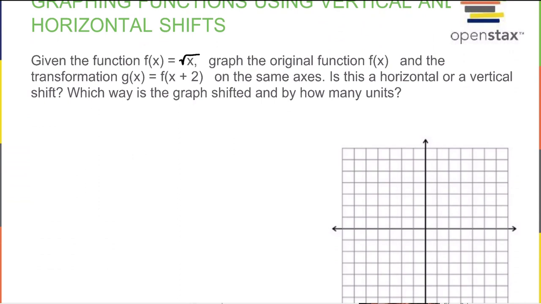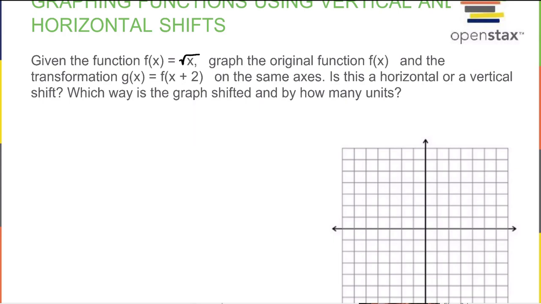Alright, let's look at a graph. Graphing functions using vertical and horizontal shifts. So given the function f of x equals square root of x, graph the original function f of x, and transformation g of x equals f of x plus 2 on the same axes. Is this a horizontal or a vertical shift? Which way is the graph shifted, and by how many units?